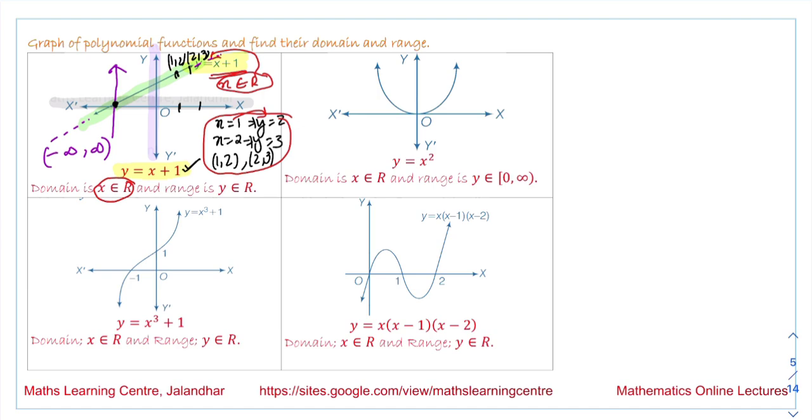It is important to mention over here that we have already studied the intervals of the real line, the real numbers. If we are talking about all the real numbers, it can be represented as minus infinity to infinity. It is important to note that minus infinity and infinity are not real numbers.